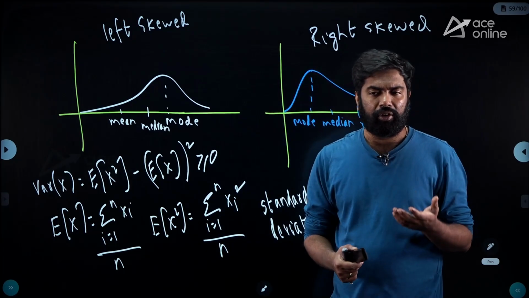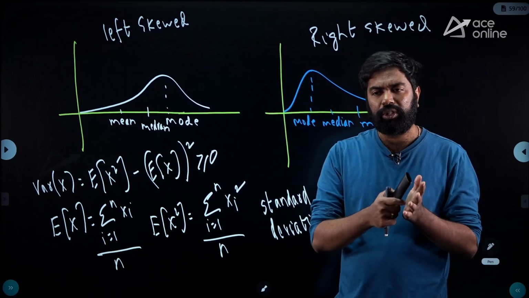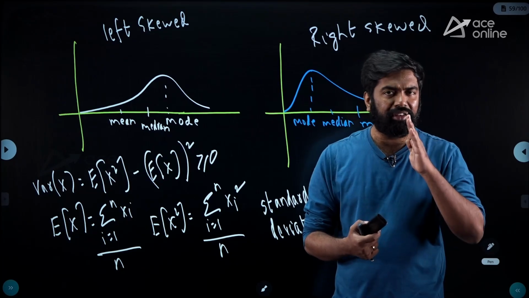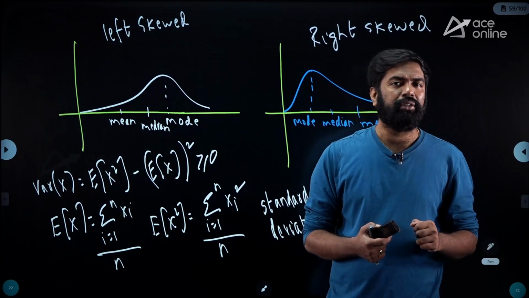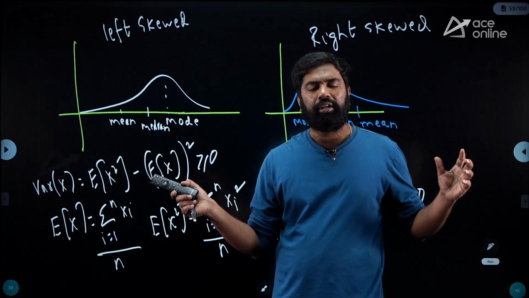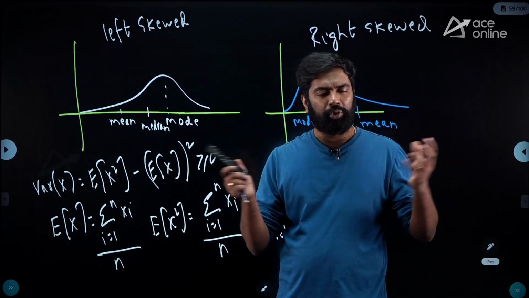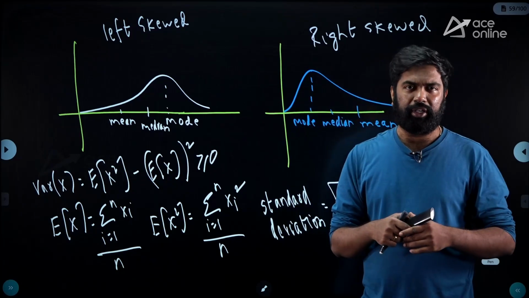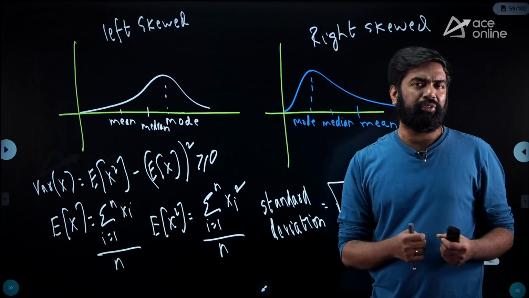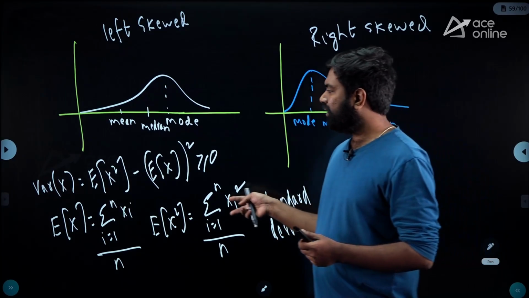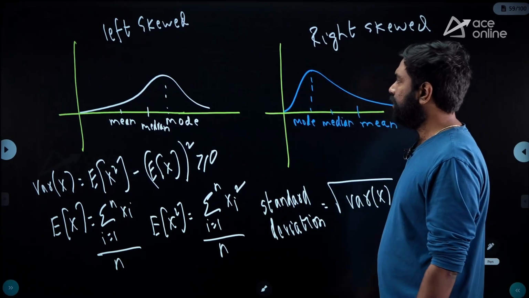It gives you a measure of how the data is spread out from the average value. Is there a larger spread from the average value, or is most of the data near the average value? It gives you that observation. Higher the variance, higher is the spread of the data. These things can be asked in your examination.